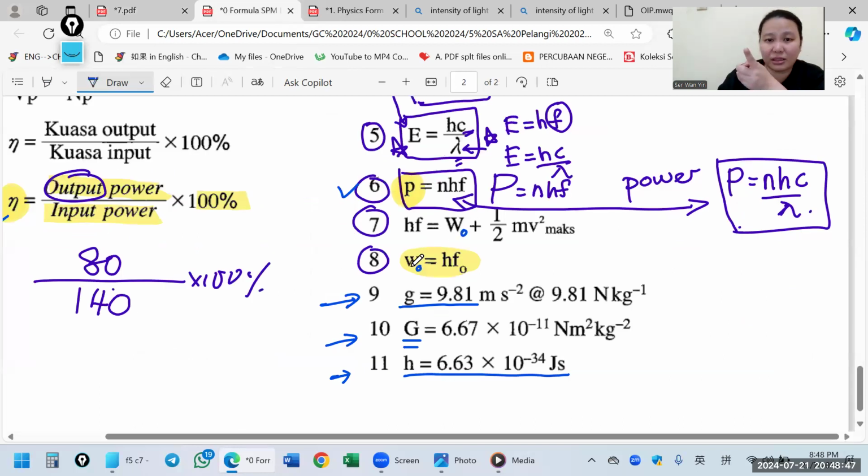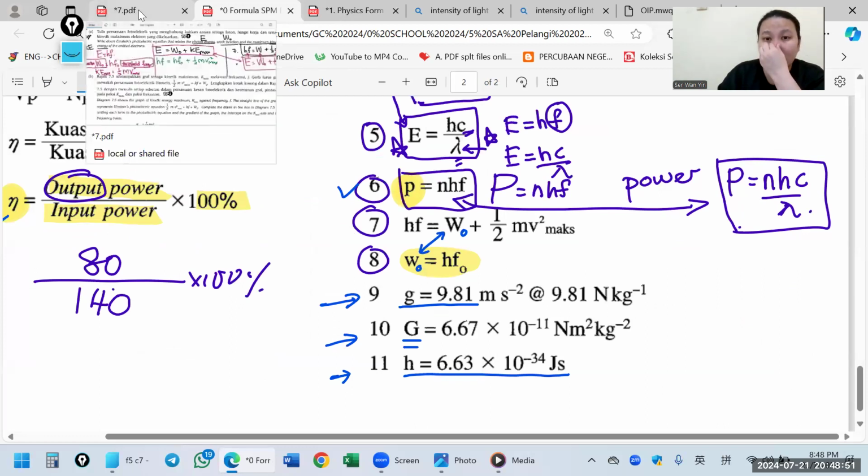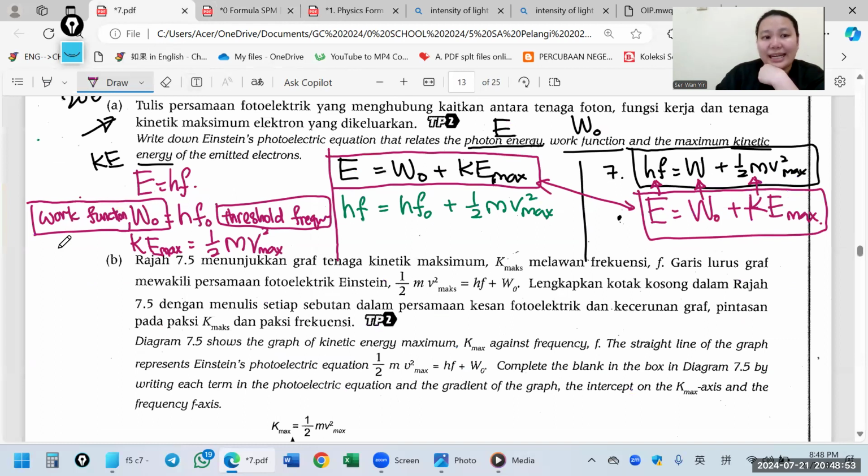See, this is capital, this is small. So actually W means work done. We learned work done in Form 2. Work done means energy used. They are the same thing.